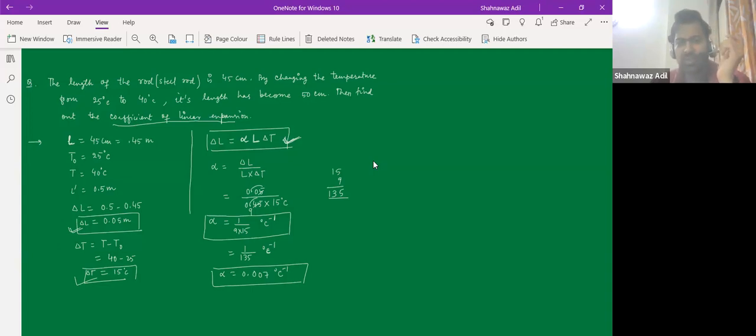In some types of questions, they will say, let's say the length of the rod is something, and by applying some heat, the length has increased by 20%. Then we can calculate the change in length, and they will give you some coefficient, and then you can find all these things. The idea would be the same.